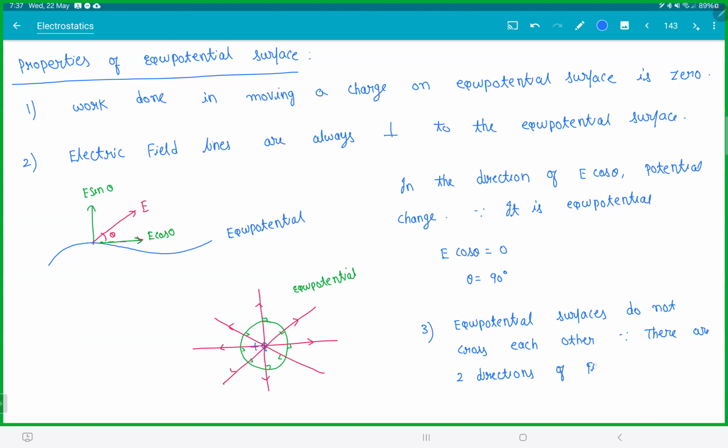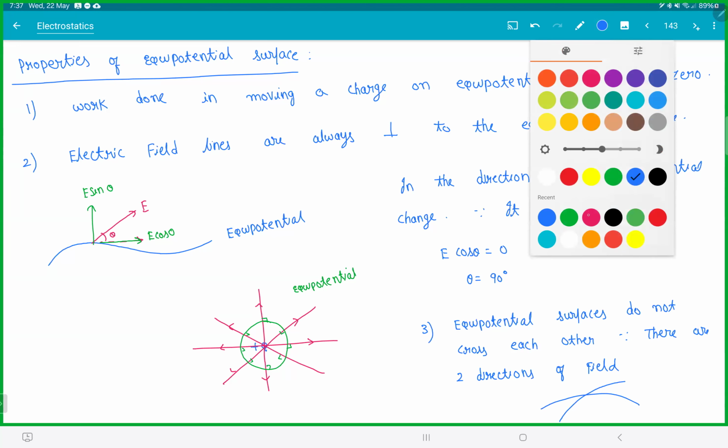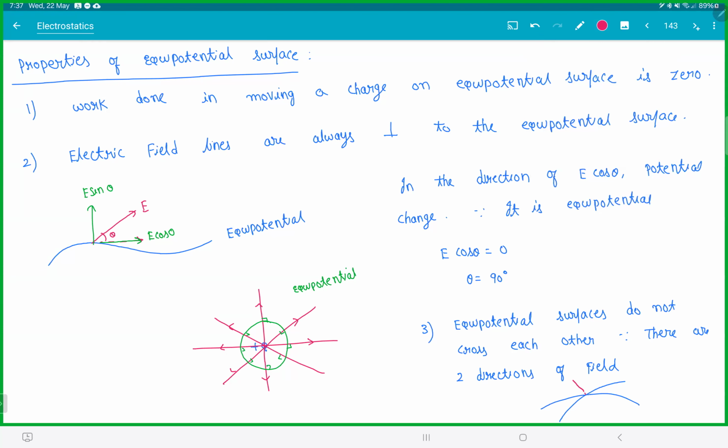These are the three properties of equipotential surface. So if you have two equipotential surfaces like this, the field has to be perpendicular to this one and perpendicular to this one. You cannot have two electric fields at the same point.